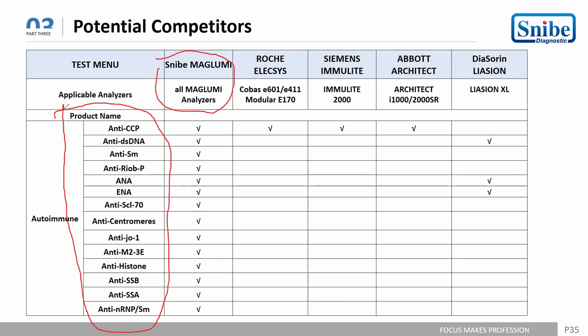These are all the parameters available on the SNIBE platform. But in the case of autoimmune disease, we have a very comprehensive menu, which the other competitors do not have.